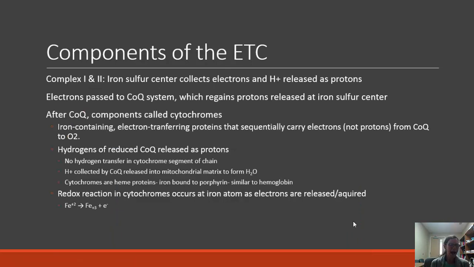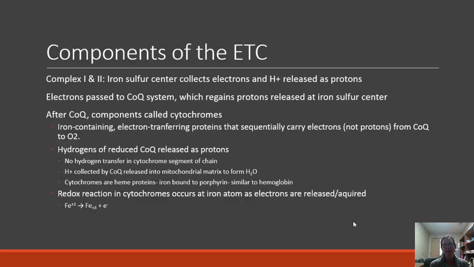Okay, so how does this work? So how can we pass electrons from one complex of the electron transport chain to the other? Well, basically, complex 1 and 2 and the CoQ system all have these iron-sulfur centers. And if you remember back to your biochemistry, we know that iron can be transformed from its 2+ to its 3+ version.